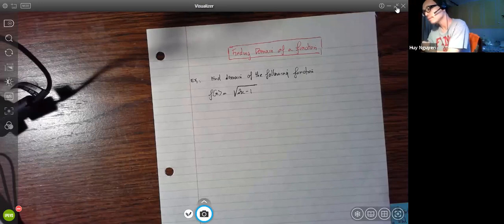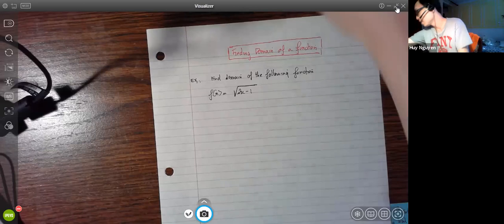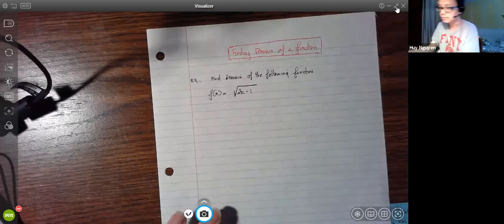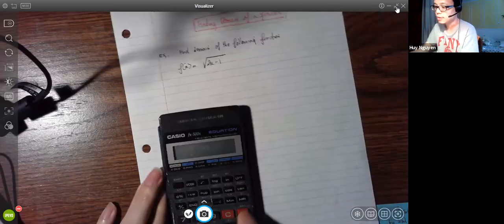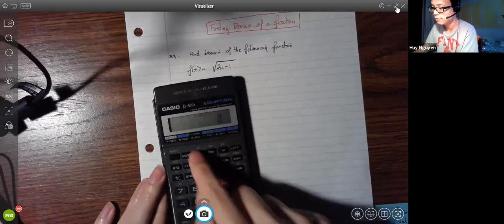Okay, so what we know about radicals, as we already learned, you can take a radical of any positive number. For example, I can take the radical of 0.5, right?